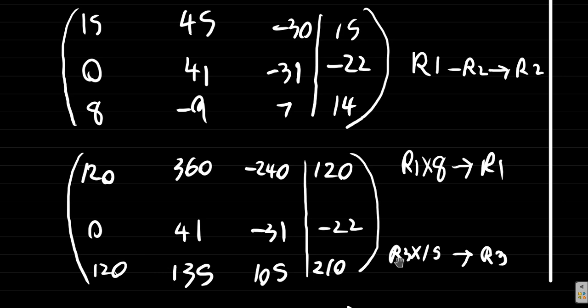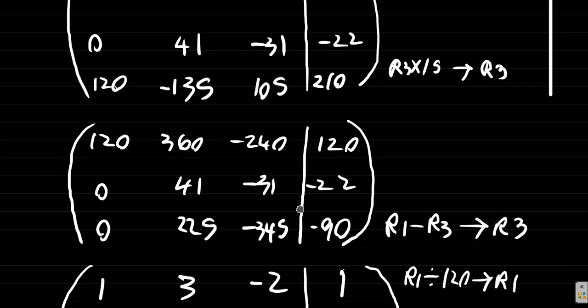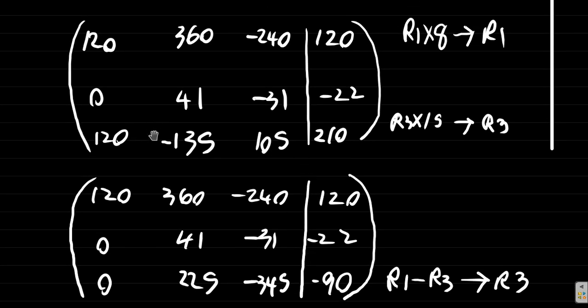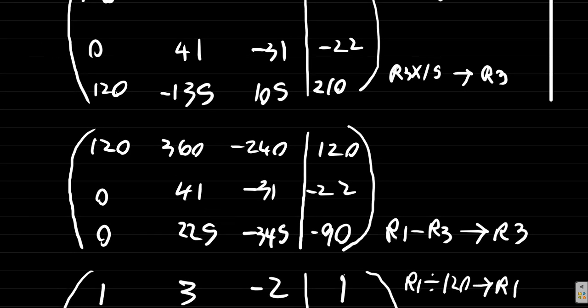Row 3 times 15. This is negative, you know, right? I left off the negative, my mistake. Alright, this is positive, positive. Then row 1 minus row 3 gives us a new row 3. So this would have to change.